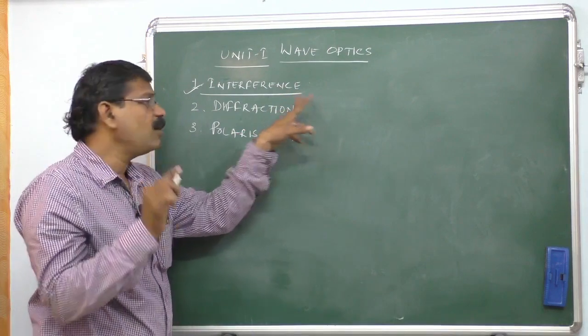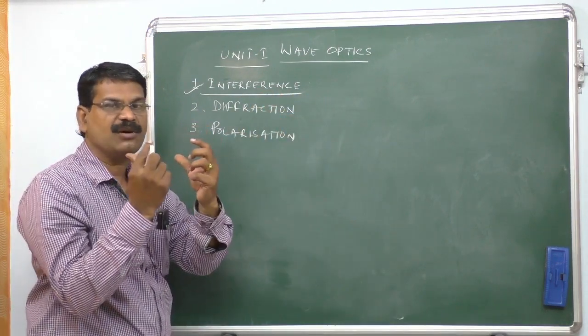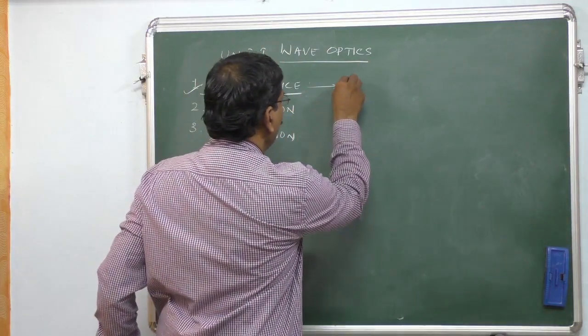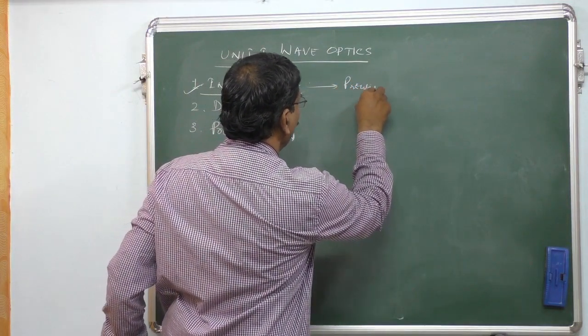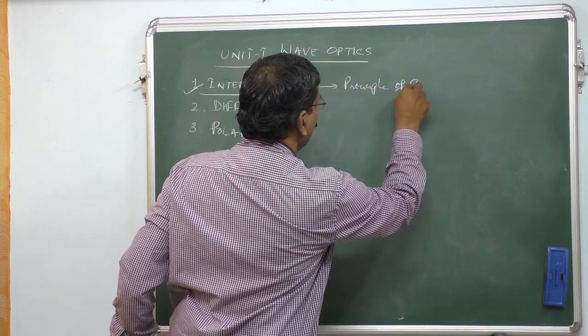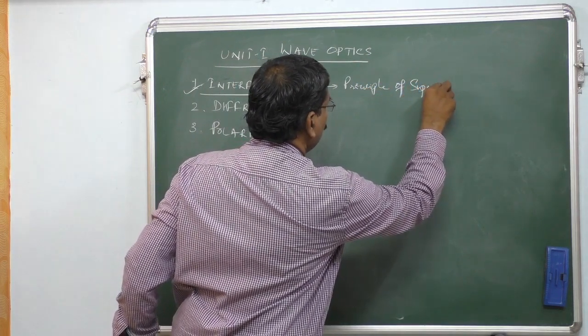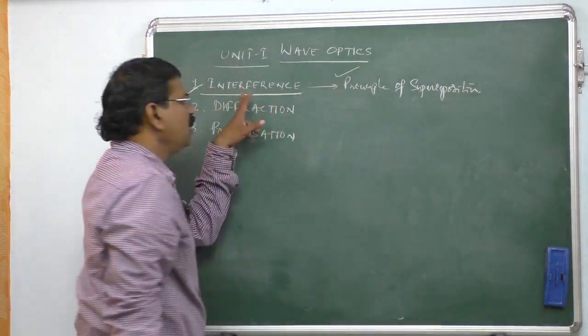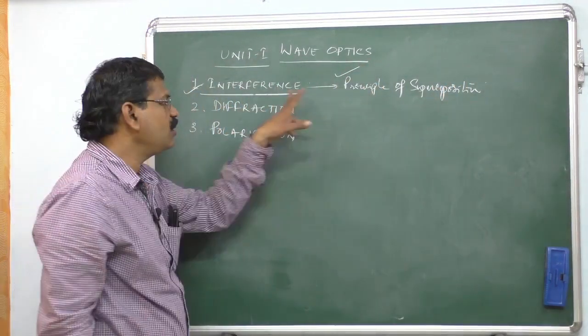The phenomenon of interference mainly works on the principle of superposition. Do you understand here? The principle of superposition is one of the important phenomena, and its continuation is known as the interference phenomenon.